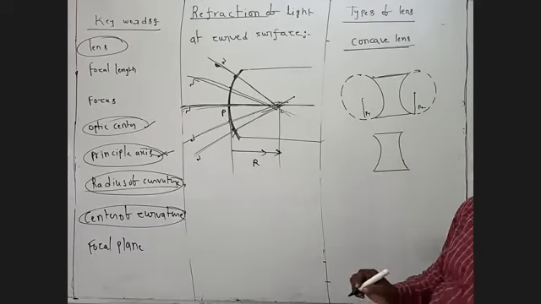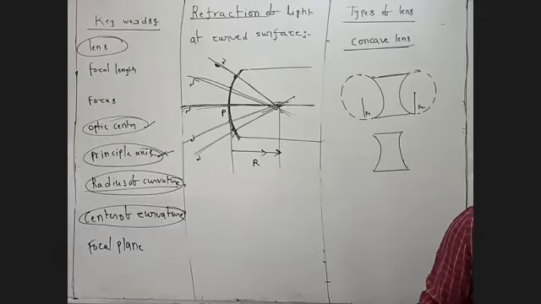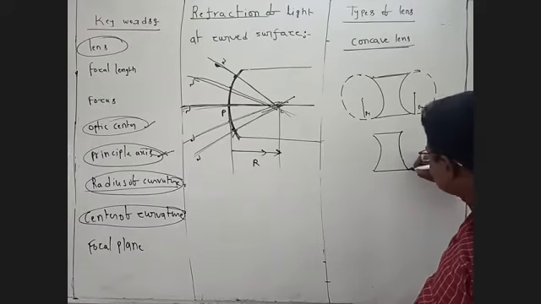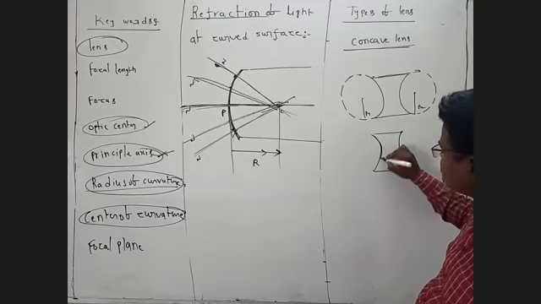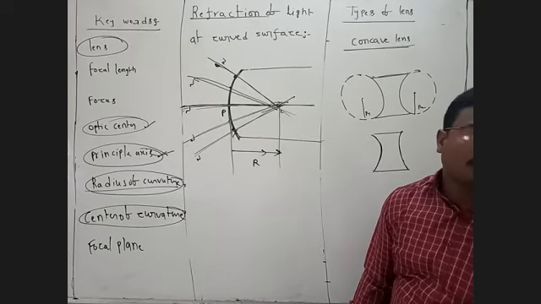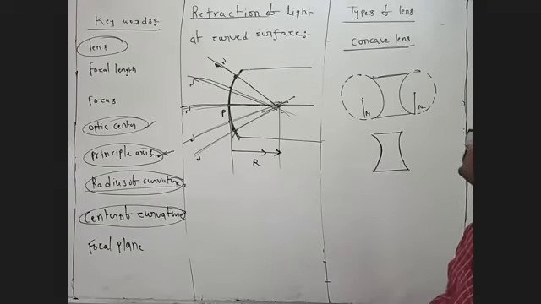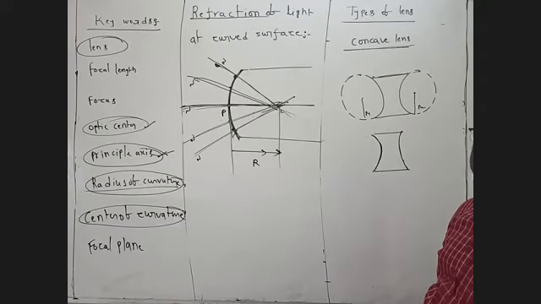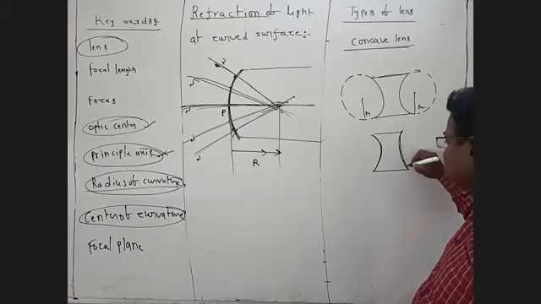We call this a concave lens. This is the radius of curvature. A concave lens is bounded by two surfaces, both curved inwards.